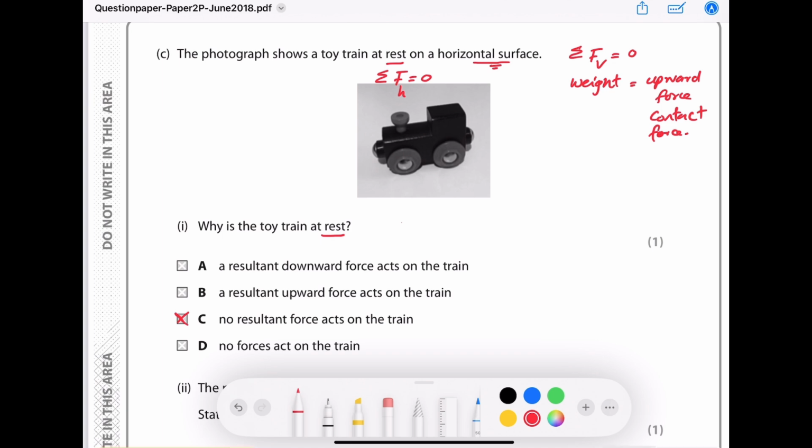There are forces acting, but the sum of forces equals 0. Resultant force, in physics we call it net force, which is a single force that represents the sum of all forces. Please try to write these effective keywords.